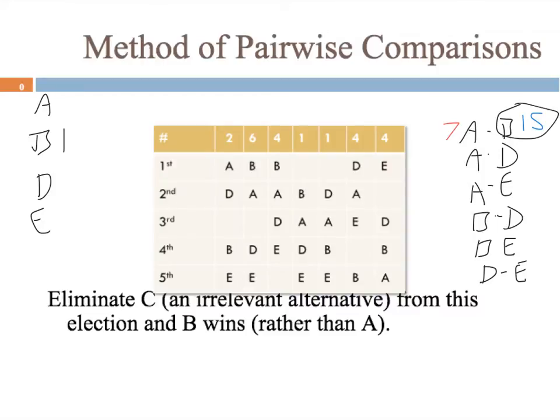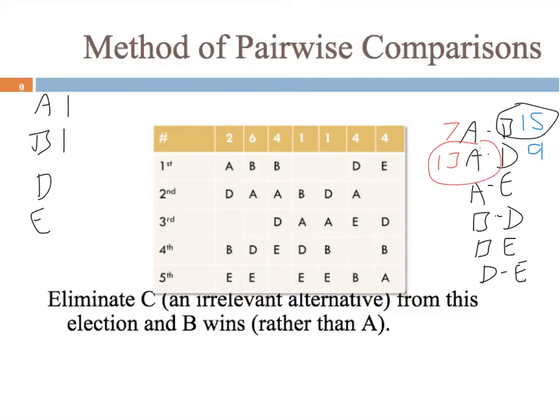Okay, A and D. A is ahead of D in the chart 13 times, which would mean that D is ahead of A the other 9 times. Okay, so A is the winner that time, so we're going to give a point to A.